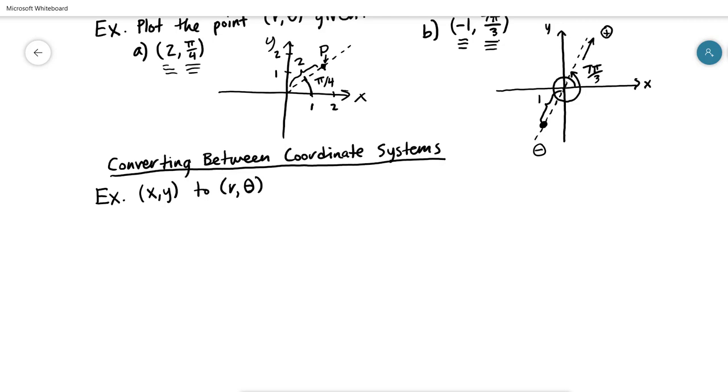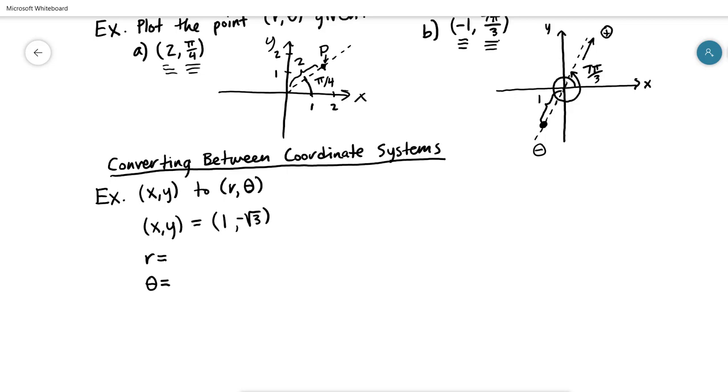So this is the idea. If I tell you that xy is equal to 1, negative square root of 3, they're my Cartesian coordinates. I want to figure out what is r and what is theta.